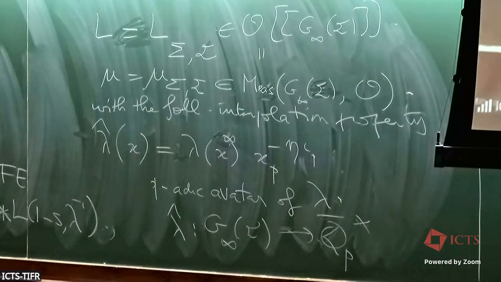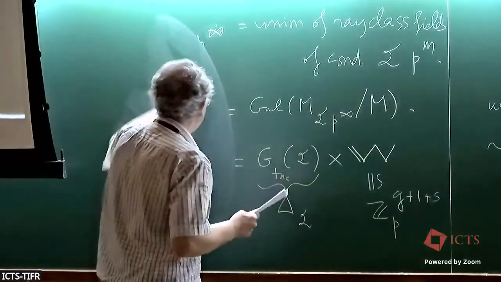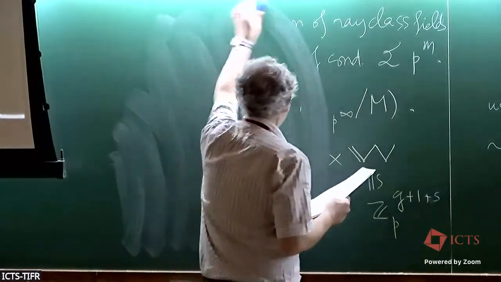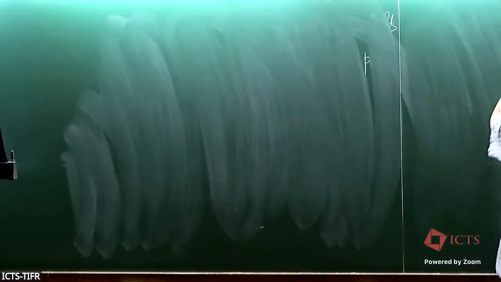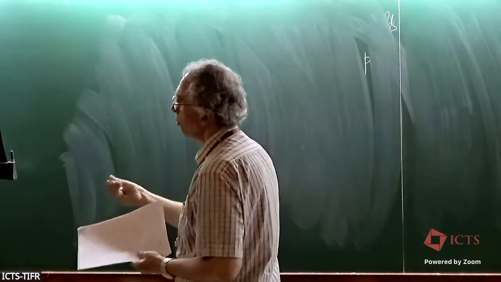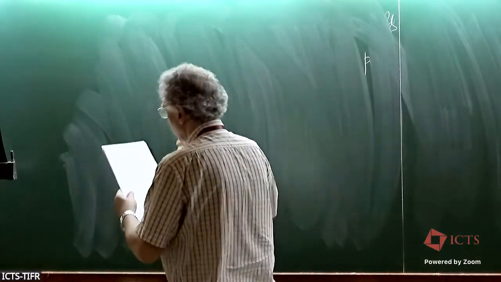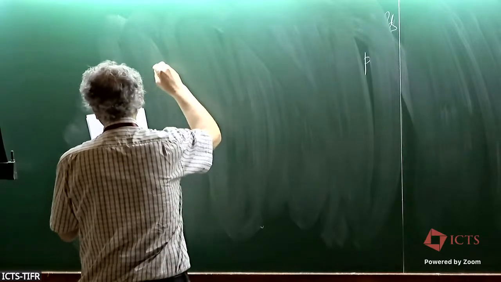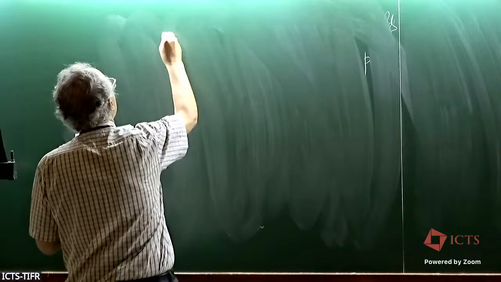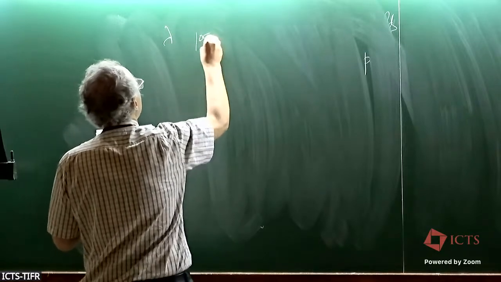For all characters whose infinity type is the following, we get the Hecke L value. So the integral along the Katz measure of lambda hat gives rise to the Hecke L value, except that it's not for all characters, it's for the so-called positively critical characters. So lambda is positive critical.